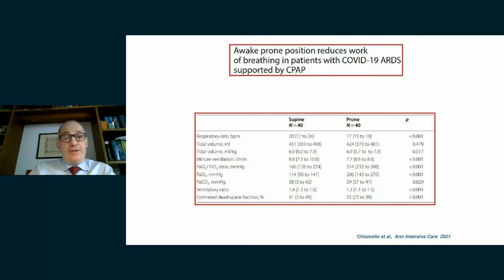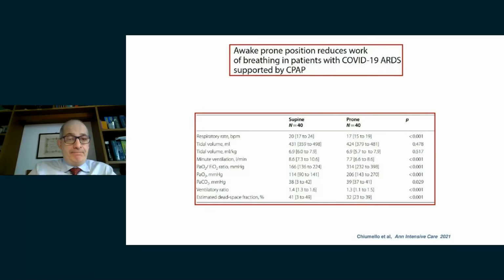So these patients were studied in supine position and then were put in prone position. The prone position was used not only to improve the oxygenation, but with the idea to reduce the inspiratory effort and the work of breathing, so to reduce the patient's self-inflicted lung injury.